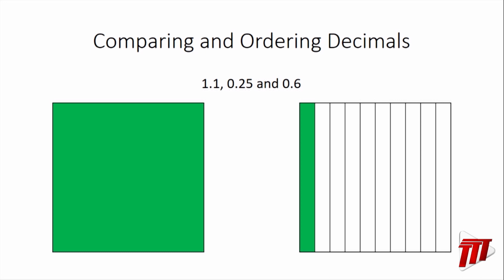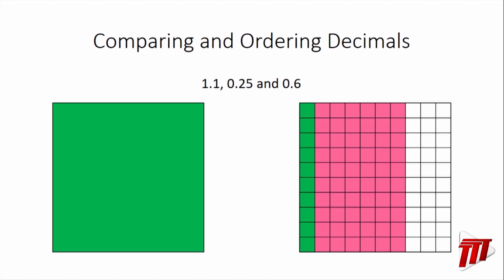Again, I'm representing 6 tenths before the 25 hundredths because I think you would better see the relationship between the tenths and the hundredths if I do the tenths first, but you could easily do 25 hundredths before the 6 tenths. It doesn't change the correctness of your approach. 6 tenths, that would be 6 out of our 10 equal parts, and for 25 hundredths, I am going to divide that whole into 100 equal parts.